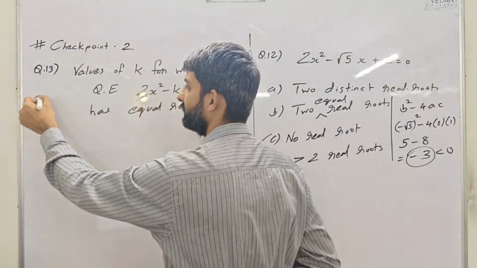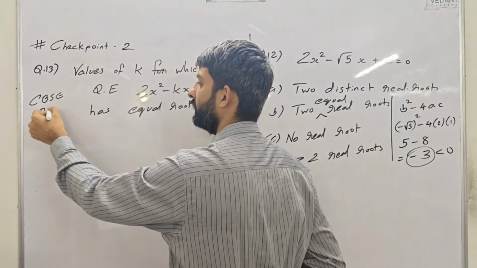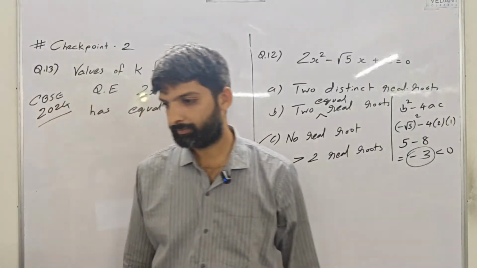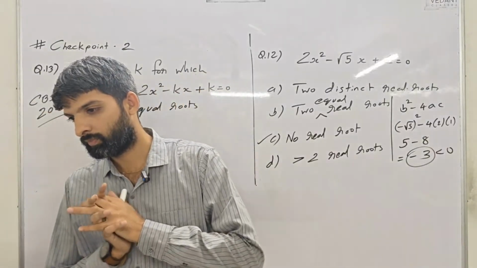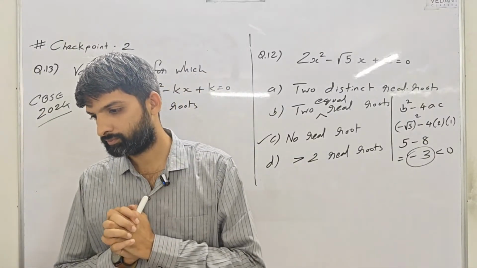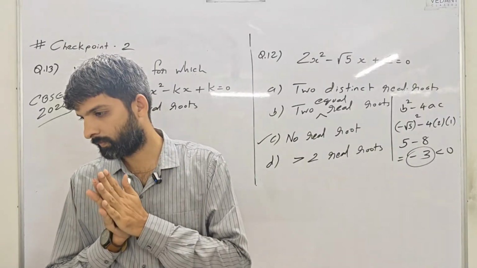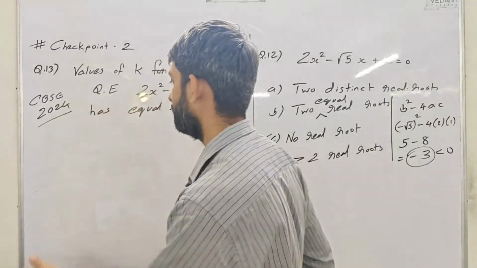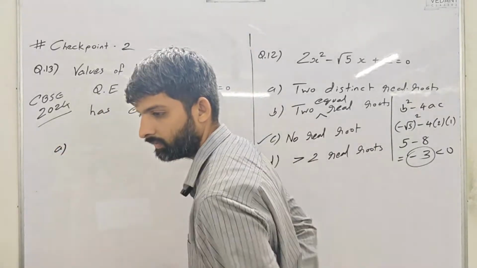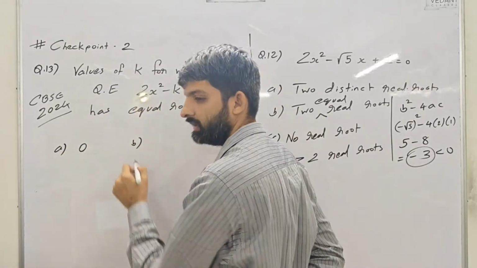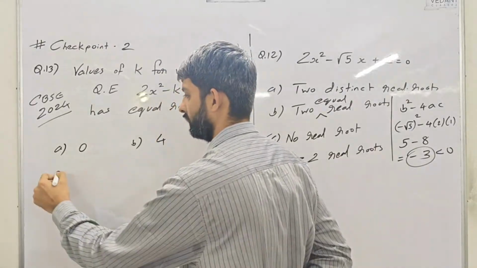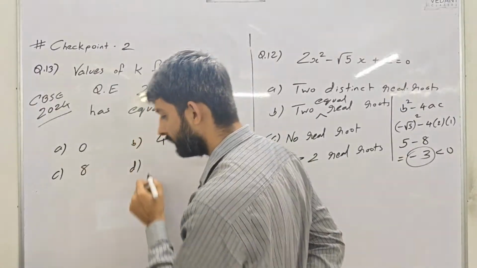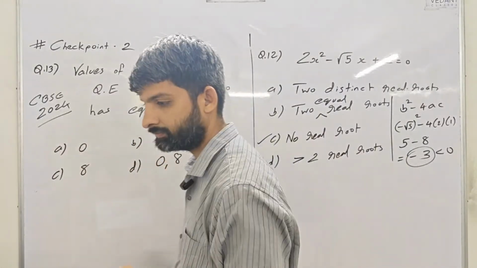That was in CBSE 2024, and this type of question keeps being asked. Let me give you the options: option A is 0, option B is 4, option C is 8, and option D is 0 and 8.